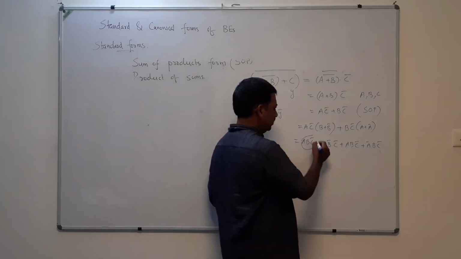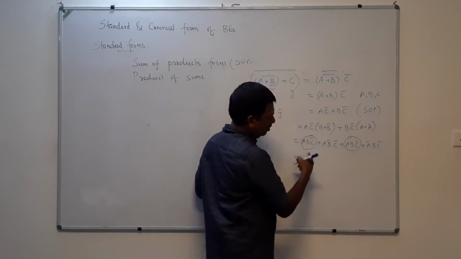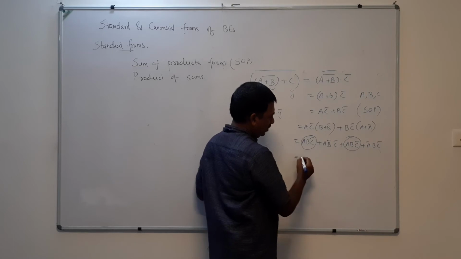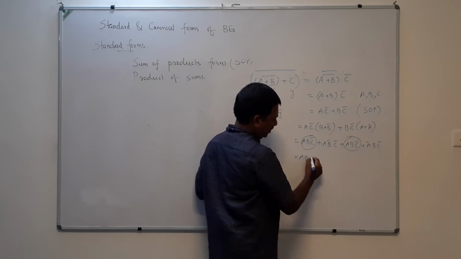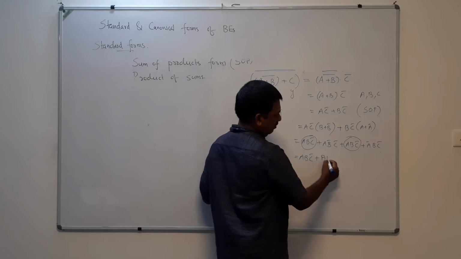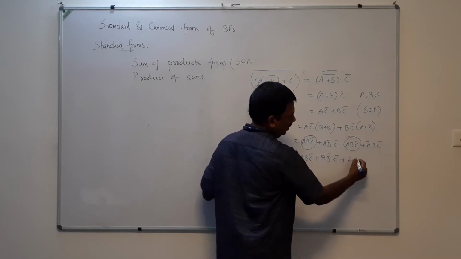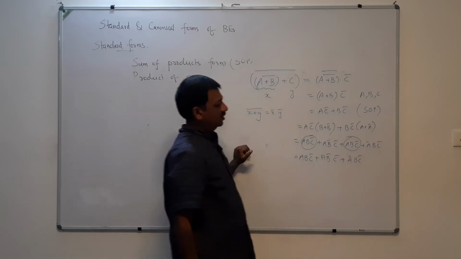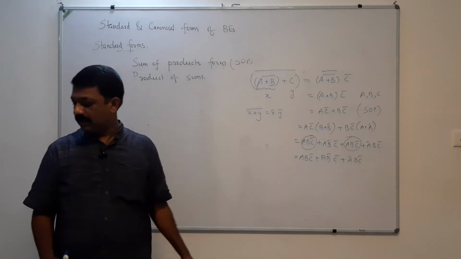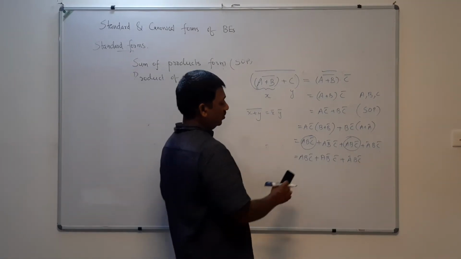Here this is ABC bar and here also ABC bar, so you have to keep only one. That means ABC bar plus AB bar C bar plus A bar BC bar. So this is the result, that is converting this to standard form.